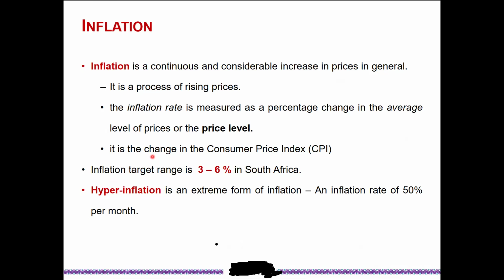That is what hyperinflation is. So for this slide, you just have to be able to define what inflation is, which is basically a continuous increase in the prices of goods and services. And then hyperinflation is the extreme form of inflation. And inflation must always range within the inflation target of 3% and 6%.